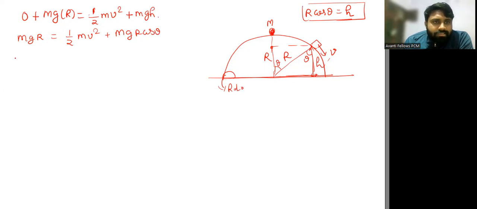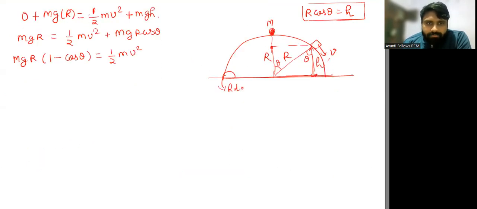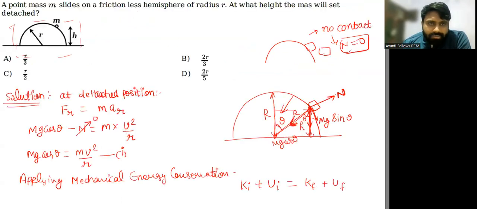Take this on the LHS and take mgr as common. So mgr times 1 minus cos theta is equal to 1 by 2 m v square. Now m v square upon r we have already calculated, so we can put the value of m v square as mgr cos theta. We are assuming the radius in capital letter here, this is given in small letter, so don't worry about that.